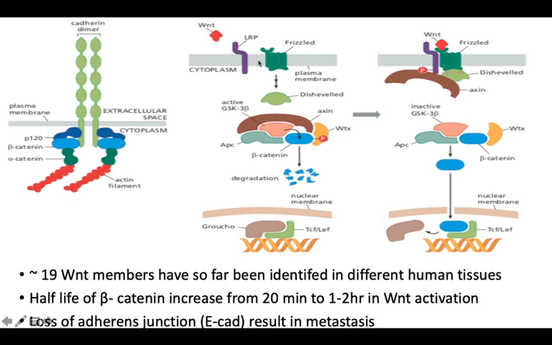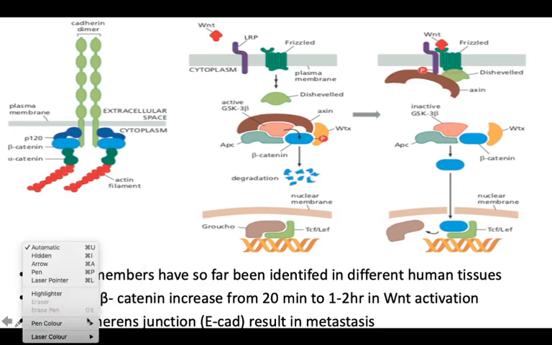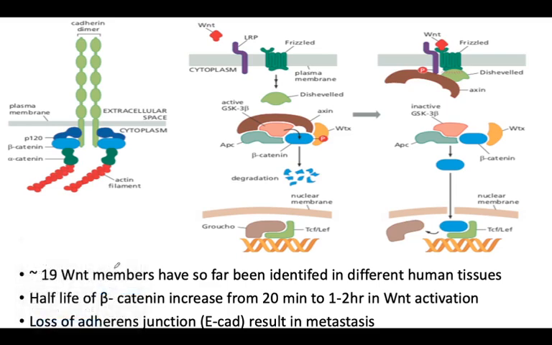In the absence of Wnt signals, there is an active compound called GSK3 beta. This GSK3 beta is meant for the phosphorylation of numerous proteins. The phosphorylation of proteins like APC and beta catenin leads to their early degradation.